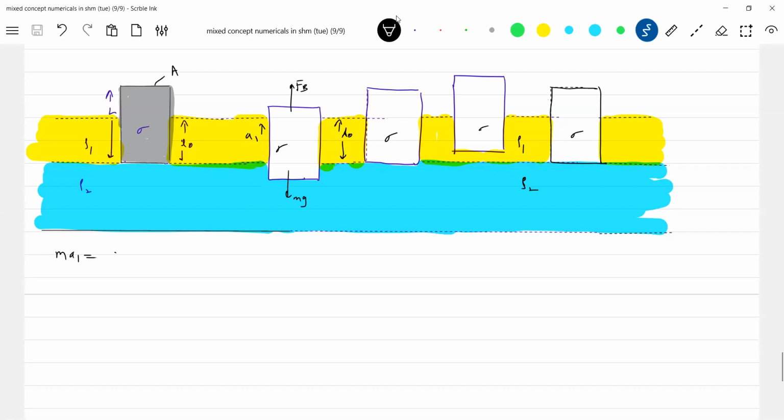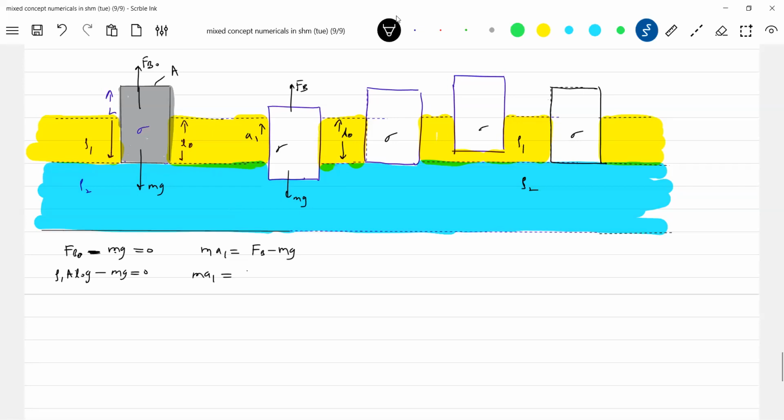Okay, looking at this diagram. So first, if you want to write it, this FB naught will be very, very important for you. There's a weight mg. So what is FB naught? FB naught minus mg equal to 0. FB naught equals rho 1 A L naught g, minus mg equals 0. Keep it in hand like this. Now the additional buoyant force, m a1 should be equal to FB minus mg.